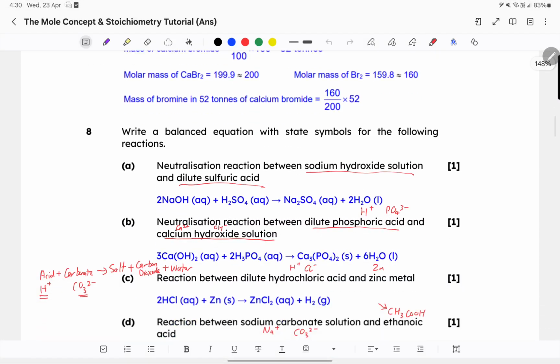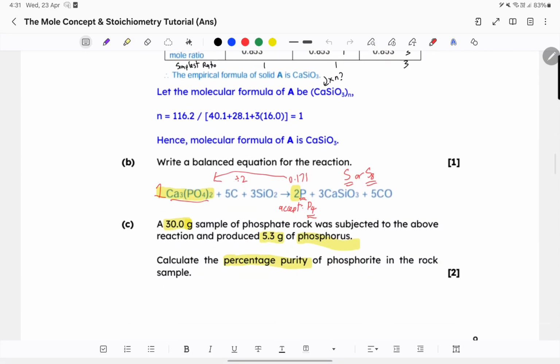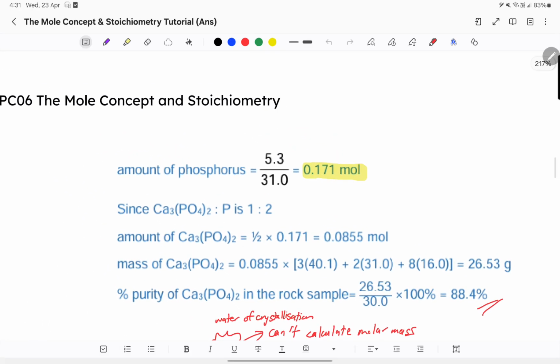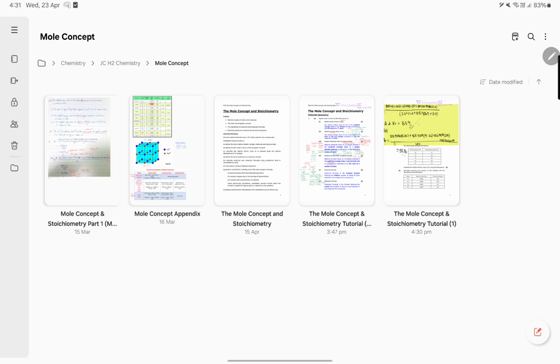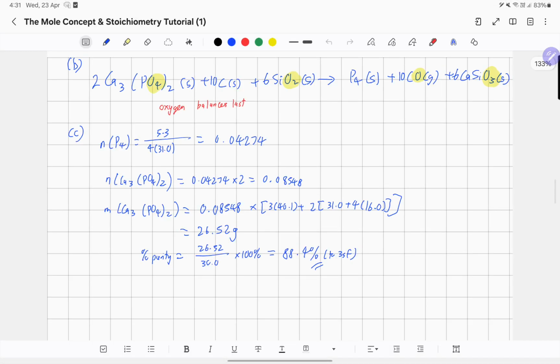Let me go double check, because we have used P4 here, so it doesn't seem to affect. Whether you use P or P4 as the chemical formula for elemental phosphorus, it seems to be okay because you still get the same answer of 88.4%.